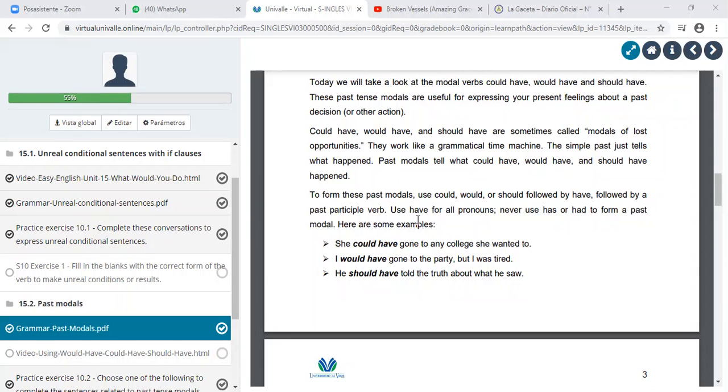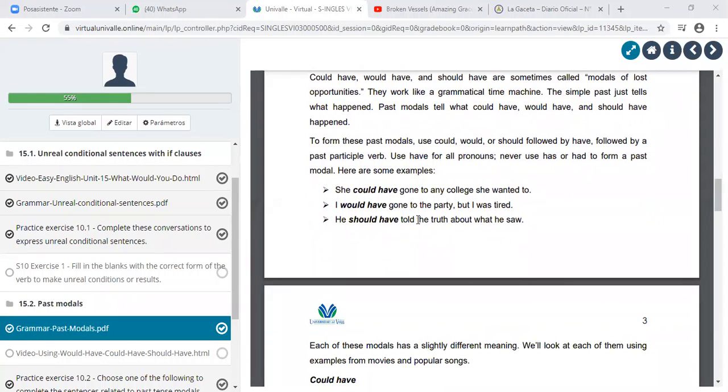They work like a grammatical time machine. The simple past just tells what happened, okay? And past modals tell what could have, would have, and should have happened. To form these past modals, use could, would, or should followed by have, followed by a past participle verb, used for all pronouns. Never use has or had to form a past modal.